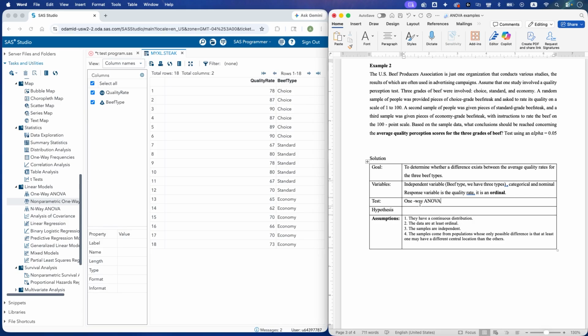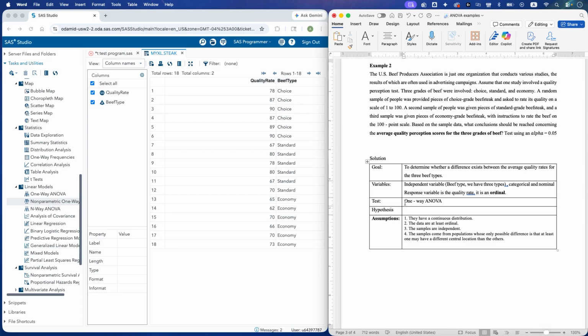But if you go back to the one-way ANOVA assumptions, we will find that the last one says that the response variable has to be at least interval, so it has to be interval or ratio. However, in this case, we don't have interval or ratio, we have ordinal.